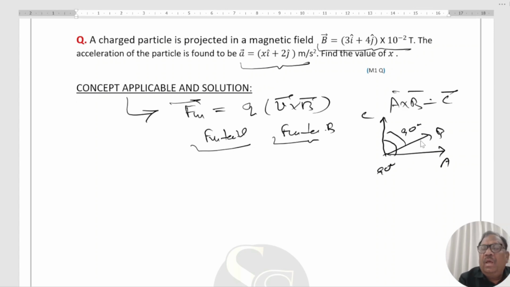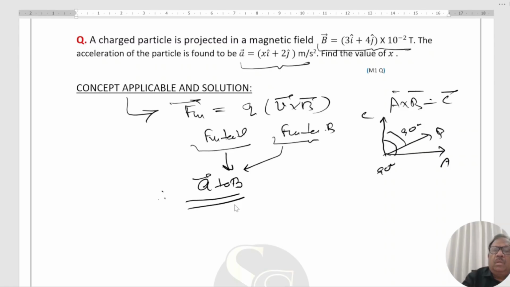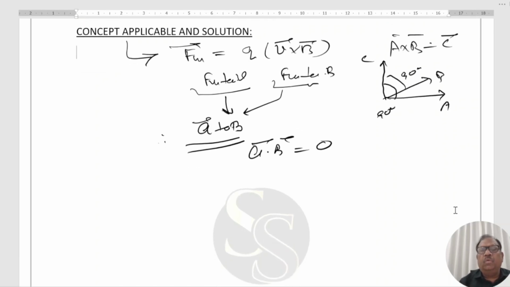Now, as F is perpendicular to B, therefore A will be perpendicular to B. Therefore, A dot B will be equal to 0. You know the formula?